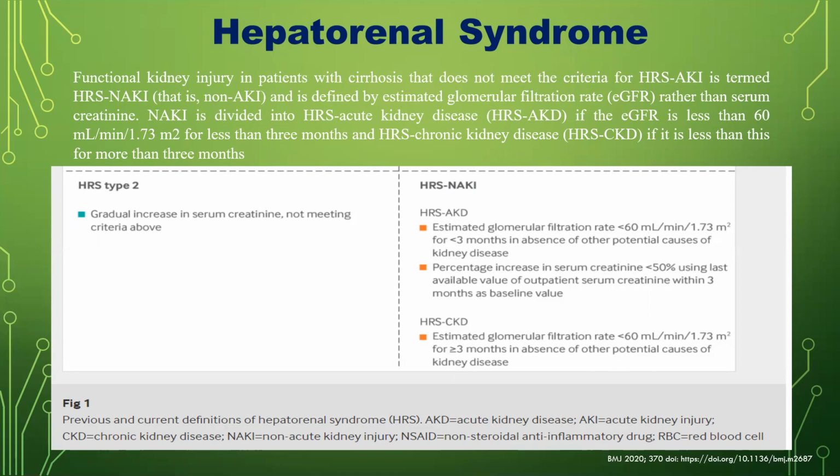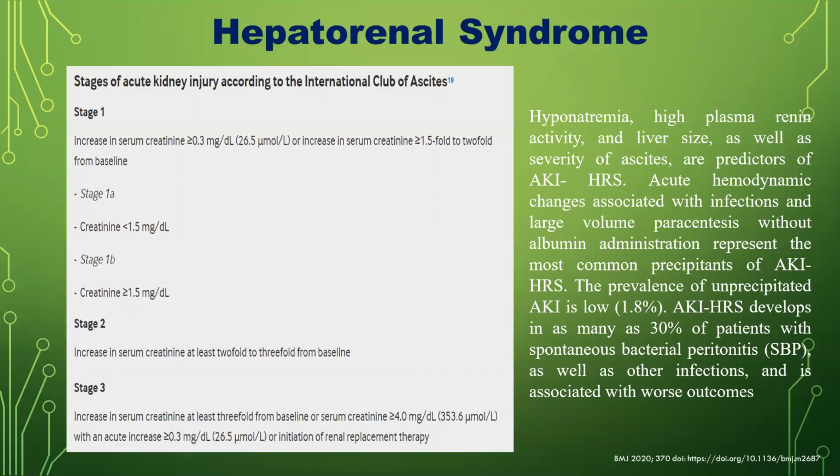This type 2 of the syndrome is divided into acute kidney disease if the glomerular filtration rate is less than 60 milliliters per minute per 1.73 square meters of body surface area for less than 3 months, and hepatorenal syndrome chronic kidney disease if it's less than this for more than 3 months.